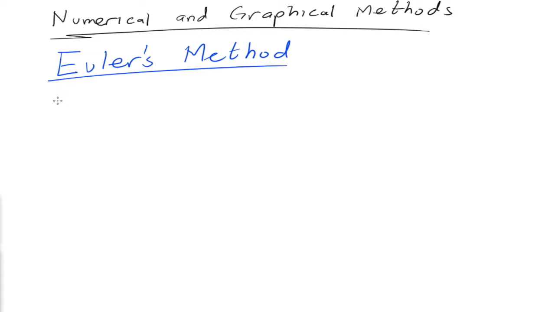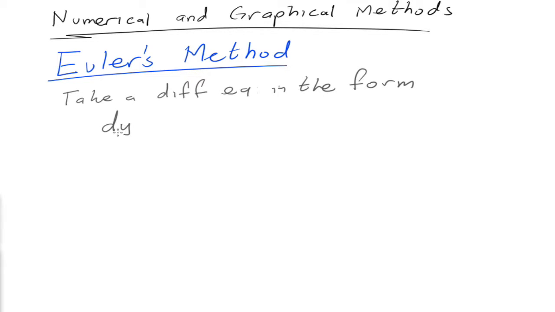What Euler's method says is that you take a differential equation in the form, let's write it, dy over dt is equal to some function of t and y.